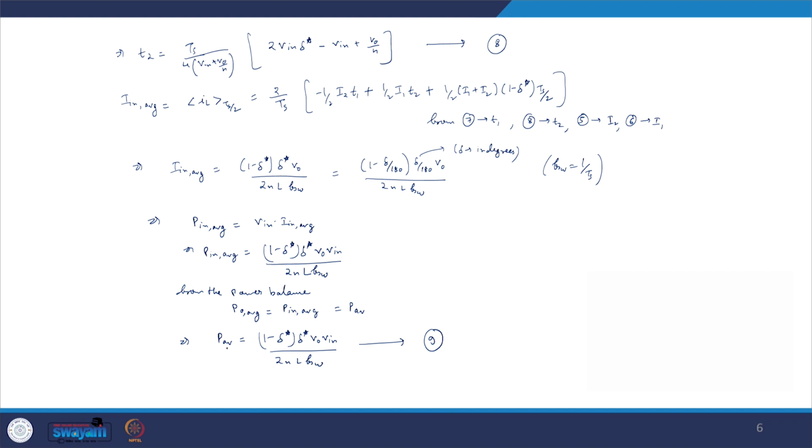So we can see that the average power transferred from the input side to the output side can be obtained by this formula. Now let us also see what is the maximum average power which can be sent.